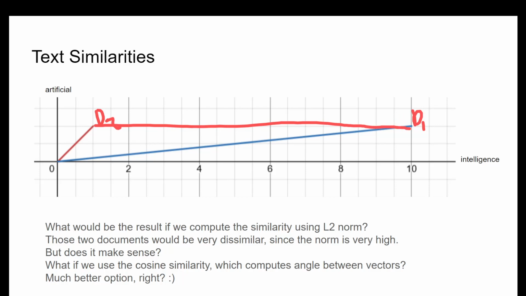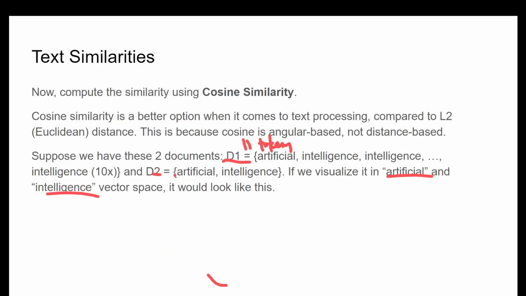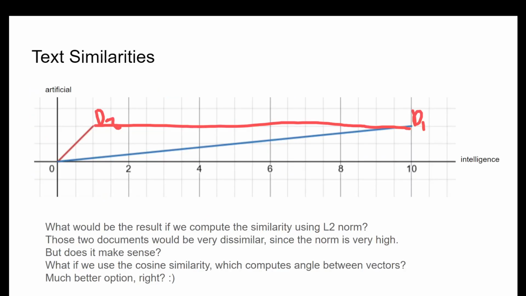So using the L2 norm will make these two vectors look very dissimilar because the norm is very high. But with our common sense, we can understand that these two vectors are actually similar, since D2 is basically a subset of D1, so it is not that dissimilar.